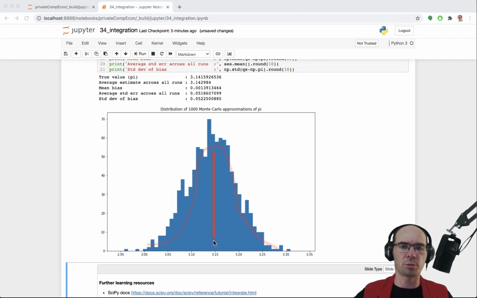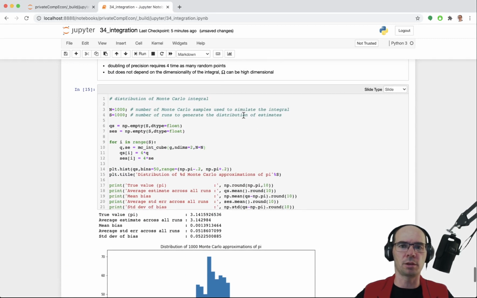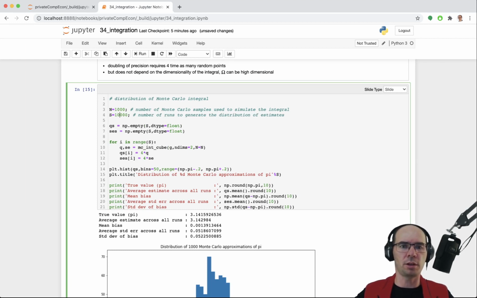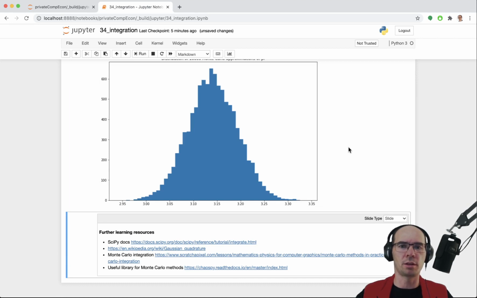A normal distribution centered around the actual pi, because the estimator is unbiased and consistent. So if I increase the number of runs, that's how we converge to a normal distribution here.